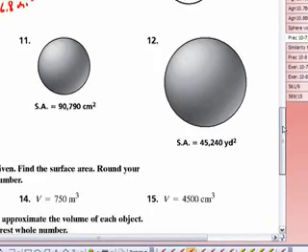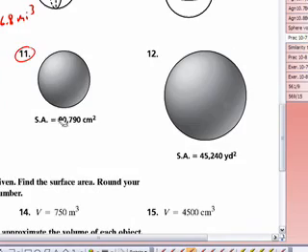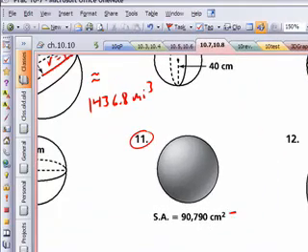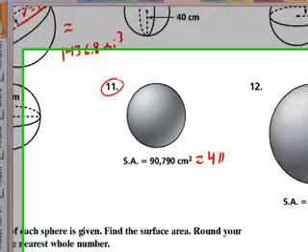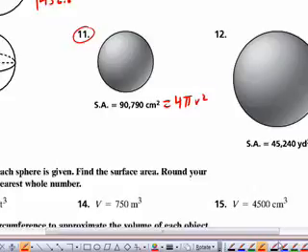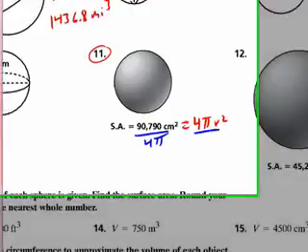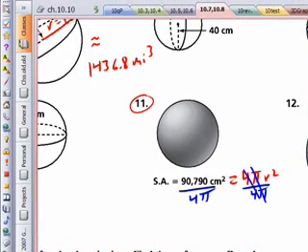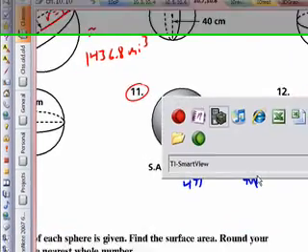Okay, for one like 11, you're given the surface area, but you want to find the volume. So the first thing we want to do is set this equal to 4 pi r squared in order to get the radius. So we divide both sides by 4 pi. So 790 divided by 4 pi.